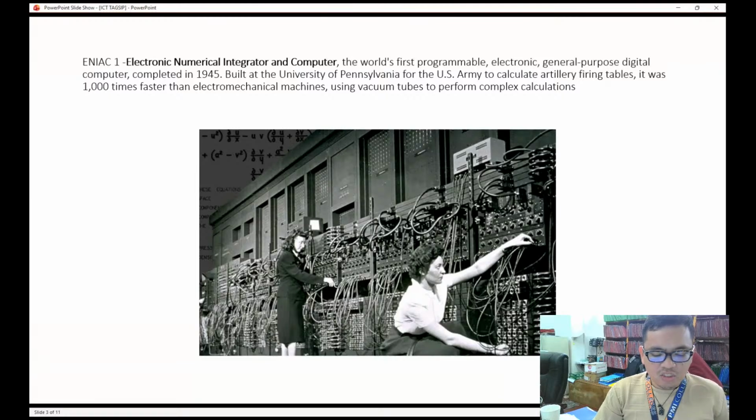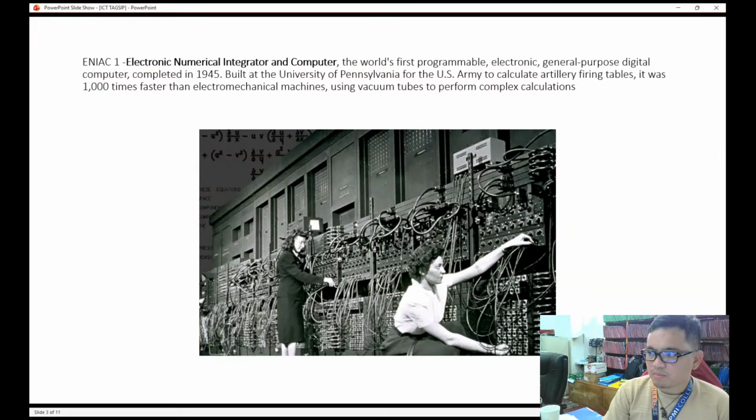First, the Z1 that could operate addition and subtraction. Then in 1941, the world's oldest digital computer, the Z3. And after that, in the 1940s, next is the 1946 ENIAC, or Electronic Numerical Integrator and Computer.